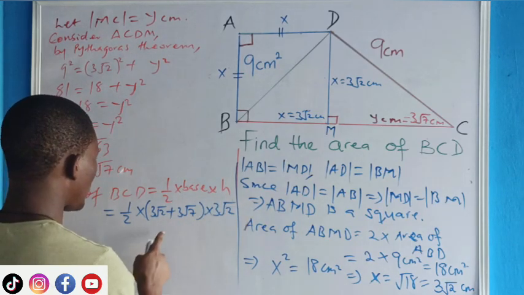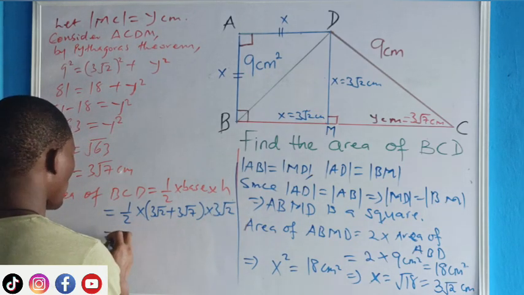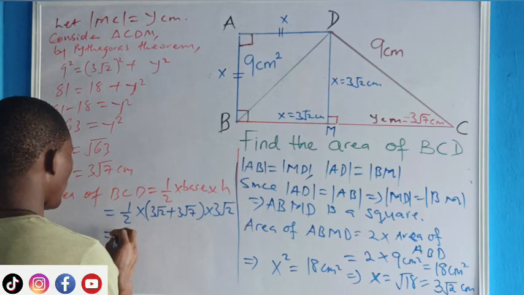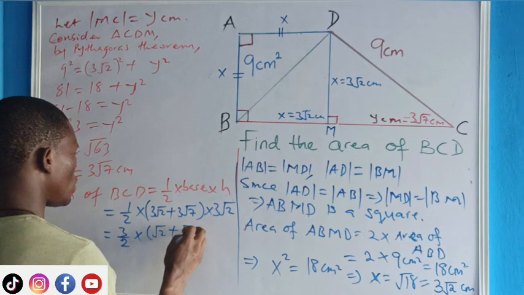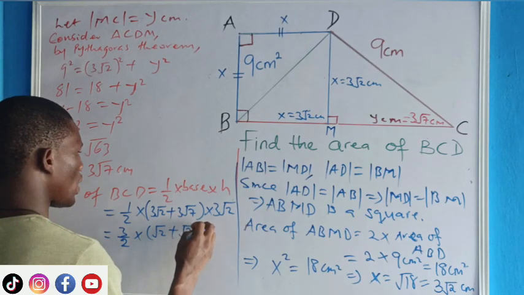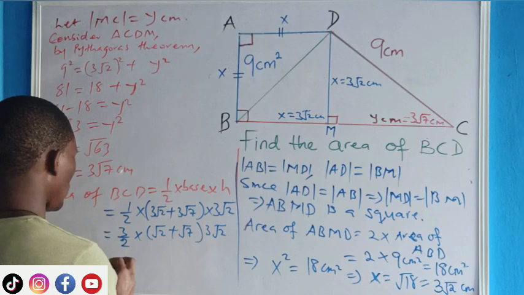We can see that 3 is common, so we factorize it: 3 over 2 times root 2 plus root 7, times 3 root 2.